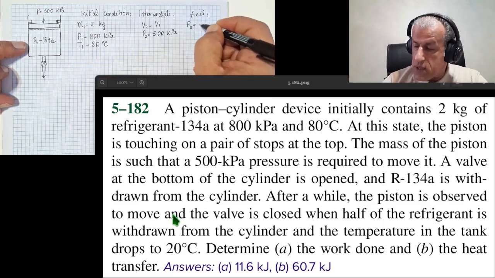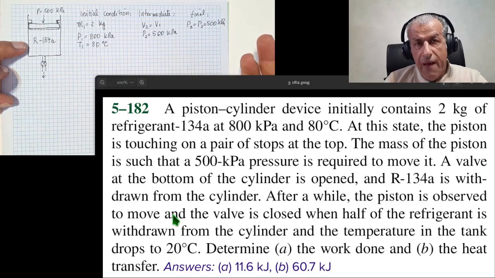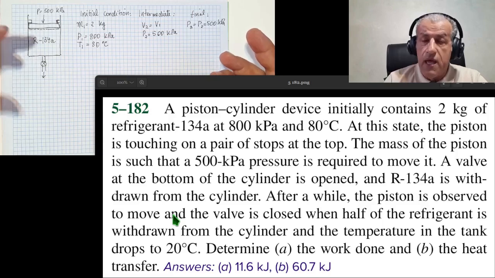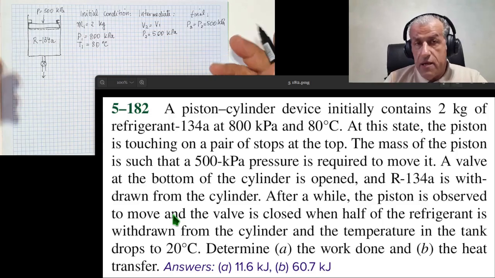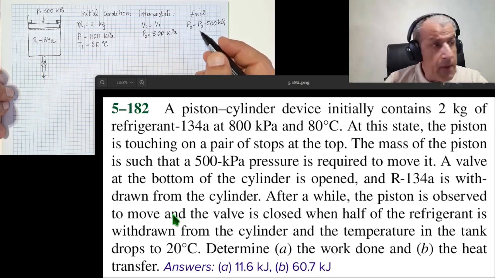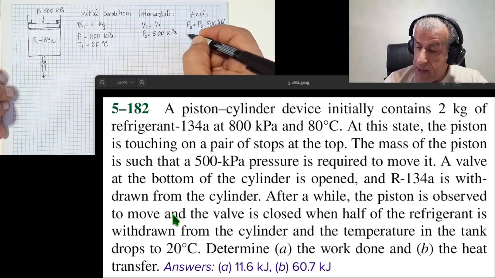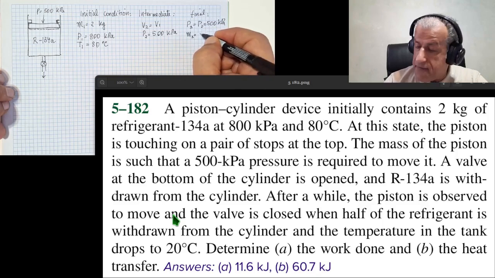P3 equals P2 equals 500 kilopascal, because however much mass we let out of the valve, the piston would move down and keep the pressure at 500 kilopascal. So the pressure would remain constant between points 2 and 3. And it says that at point 3, M3 equals half M1.